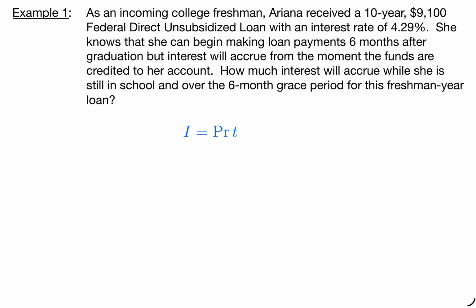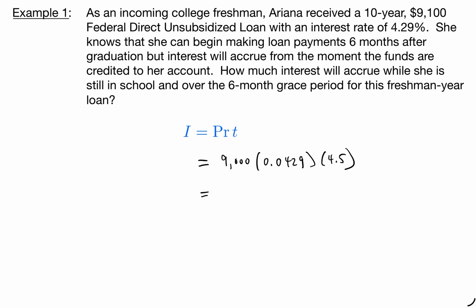Plugging those values in, we're going to put in 9,100 as our principal. We're going to have the rate of 0.0429. Remember that we have to change the percentage into a decimal. And then the time that she has is going to be 4.5 years.